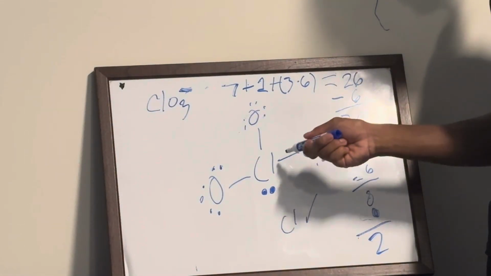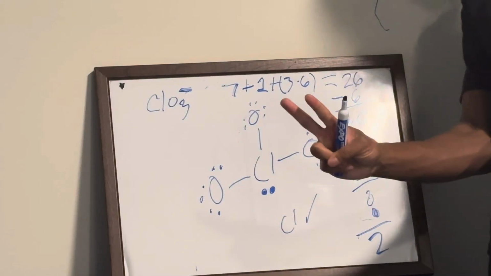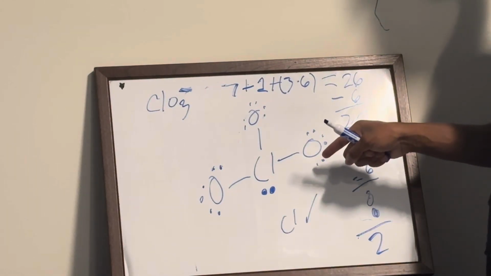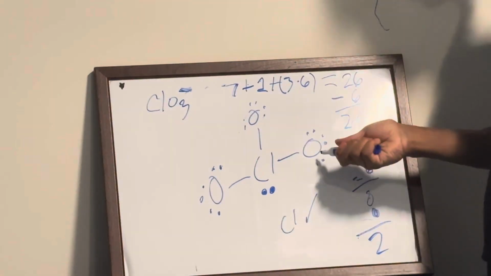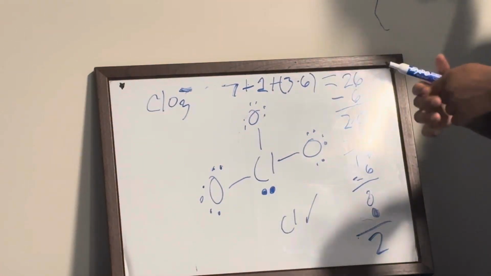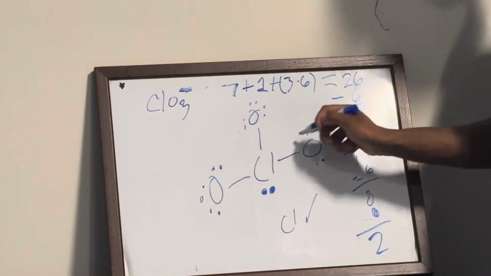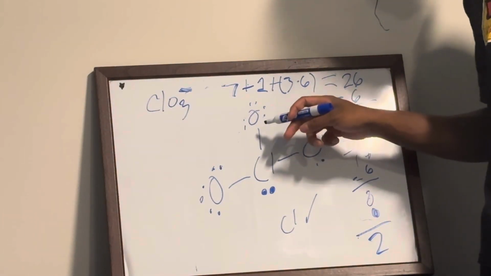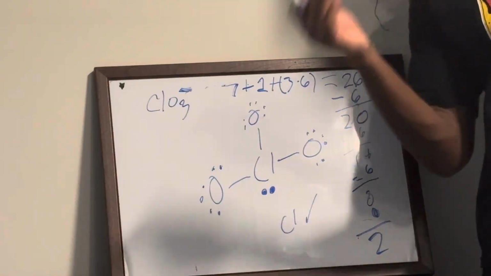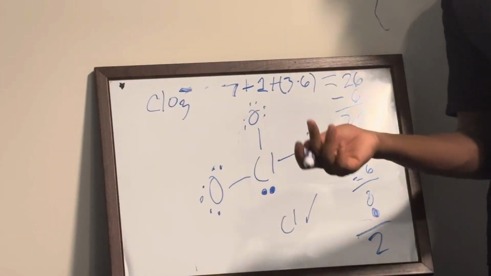Now let's see these. Each oxygen has 1 bond, which is 2 electrons, with 3 pairs of lone electrons, so 3 pairs of 2, which is 6, and then this has 8 electrons. This one also has 1 bond, plus 3 lone pairs. So if they say 3 lone pairs, that's what they mean.